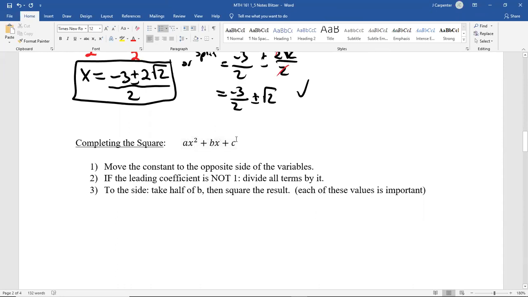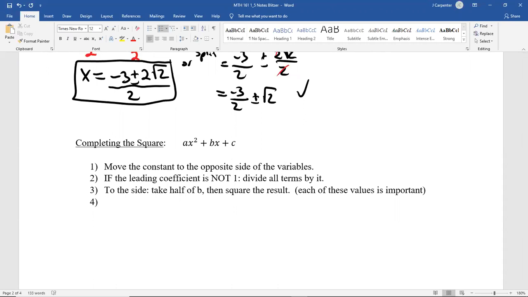Again, the a, b, and c are just the coefficients, or the constant coefficient at the end. So that's what I mean by to the side. You'll take the number in front of x, whatever number you have in front of the x. Now, this is where things are a little misleading: if you actually do step 2, this is no longer going to be b. So just take half of the number that is currently in front of the x. That's what I mean by that.